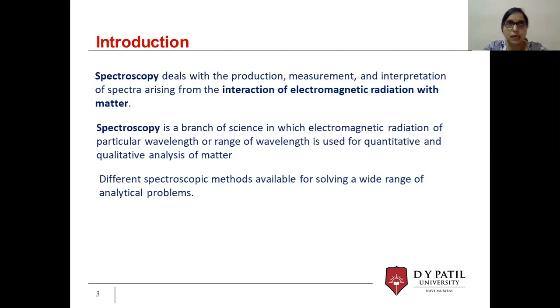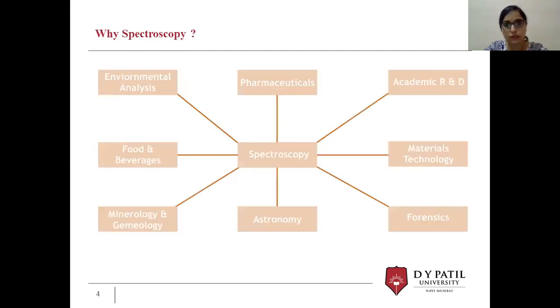Now, you can imagine what kind of analytical problems we can deal with. So, if you think on a daily life basis, then we are going through a lot of things which already involves spectroscopy techniques. Okay, so we will try to understand this in detail as the lecture moves forward.